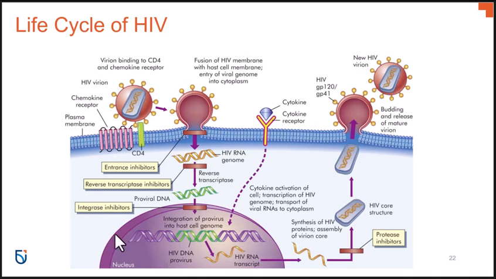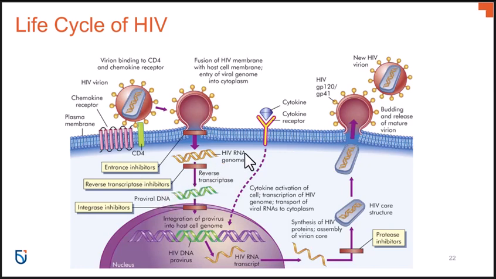So what we're going to look at is that the life cycle of HIV is susceptible to blockage at several different sites throughout this process. One of the ways is through entrance inhibitors, preventing it. These are some enzymes that can prevent the entrance of the genetic information. There's also reverse transcriptase inhibitors.